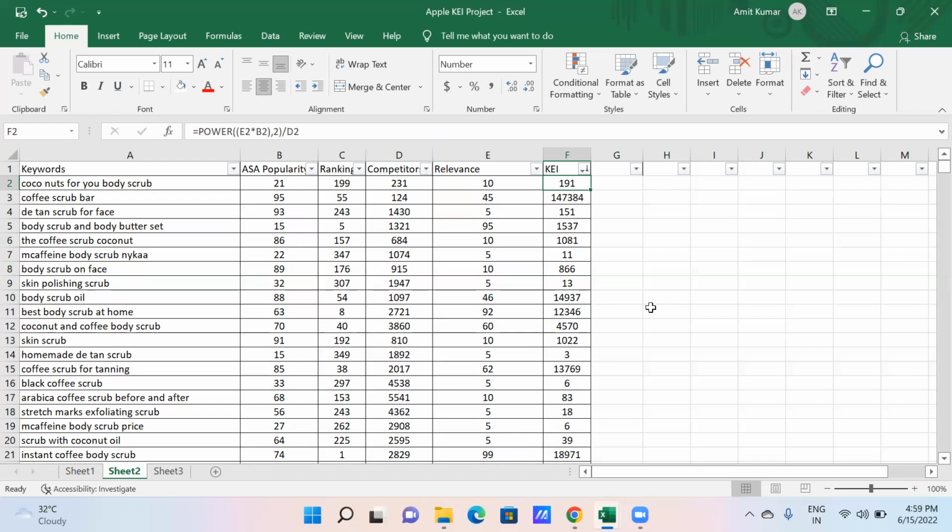But now what is the interpretation? Once we have the relevance and KEI, what are we supposed to do? As per the instructor's further explanation, we have to run the campaign because Apple does not give us keyword details in the same fashion as Google Ads.